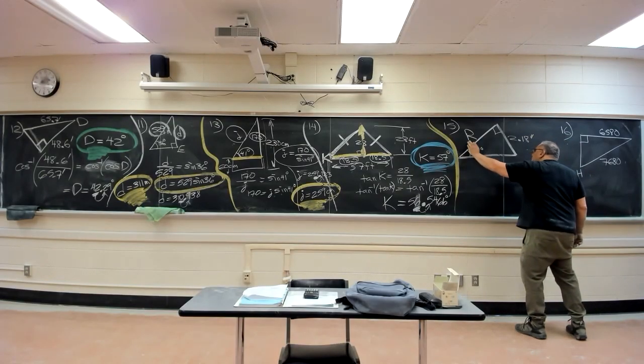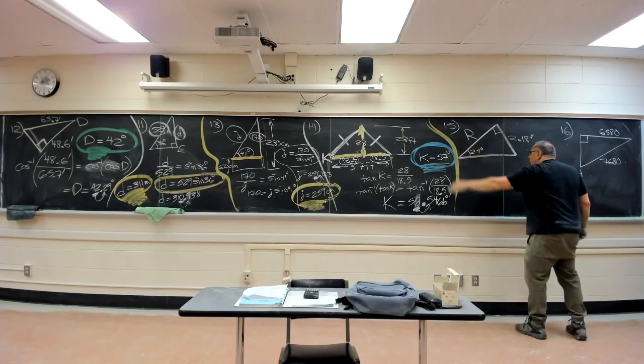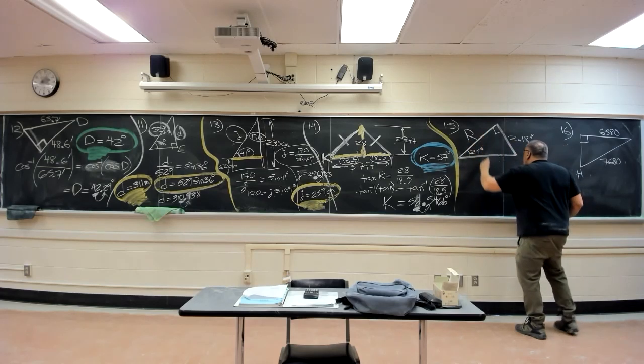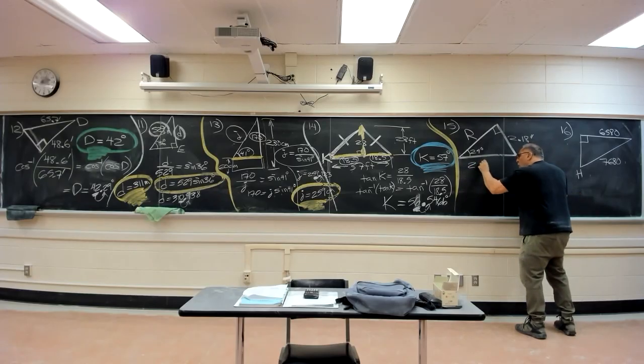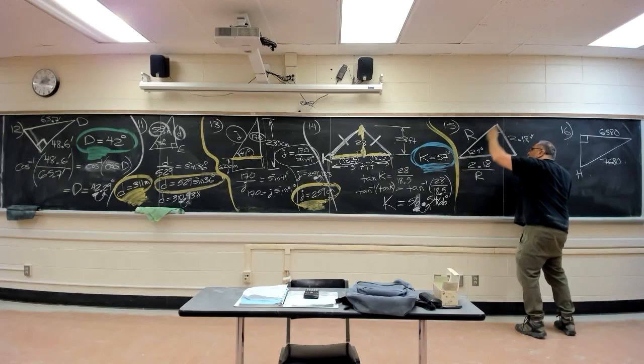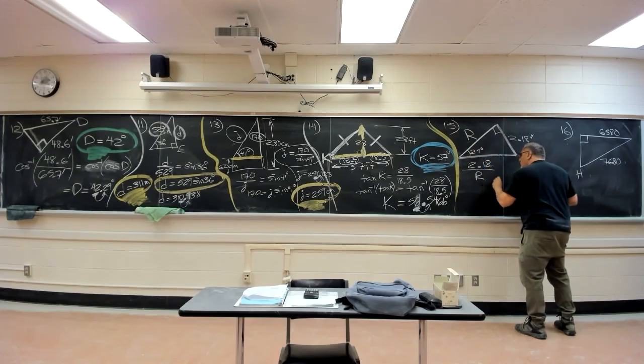If I go adjacent, there's a lot you can say here. I tell you what, how about opposite over adjacent, which is 2.18 over r. Opposite over adjacent is 2.18 divided by r.